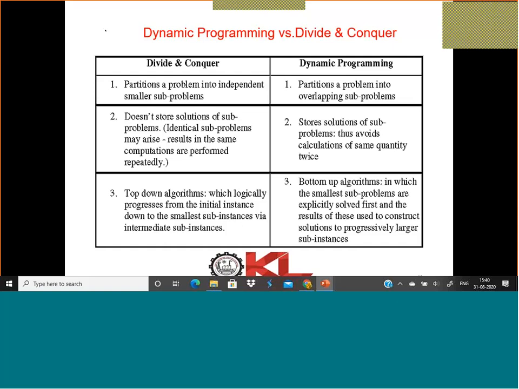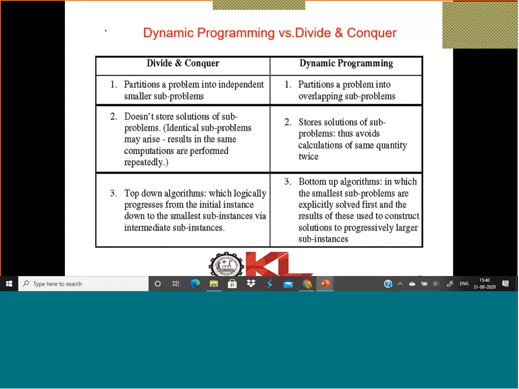The second one is that divide and conquer does not store solutions of subproblems, so identical subproblems may arise, and the same computations are performed repeatedly. Divide and conquer doesn't know whether a subproblem is a duplicate or a new one. It simply divides and solves, whether the same problem is repeated or not.